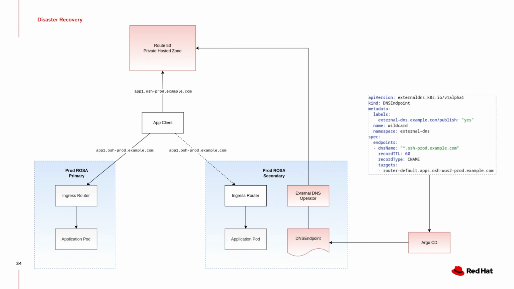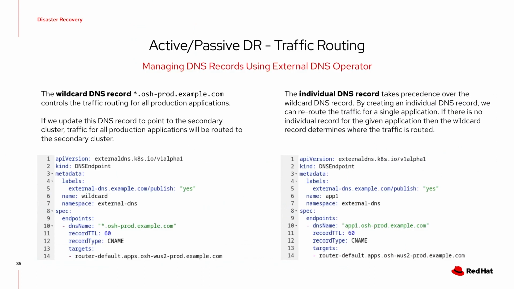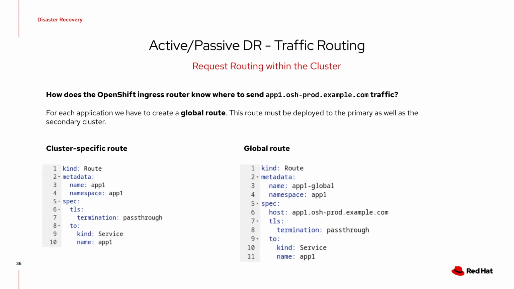And so to achieve that, we are creating what we call a global route, which is a route object in OpenShift. Let me compare the cluster-specific route, which is the classic route which you always create when you deploy an application to an OpenShift cluster, and the global route. In the cluster-specific route, we are not putting a host name here.